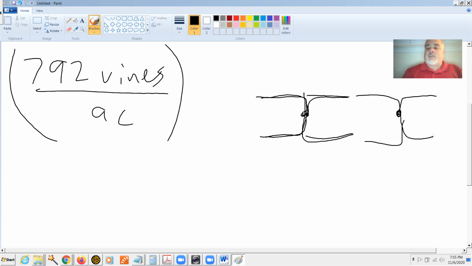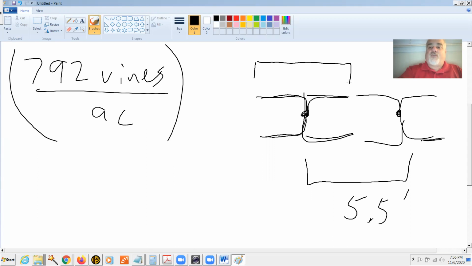And my cordons, really bad picture, but you get the idea. This is 5.5 feet, right? Which also means that this, each vine, if I have a half a vine plus a half a vine is 5.5 feet, then the whole vine is 5.5 feet.